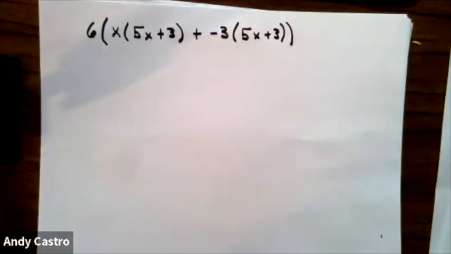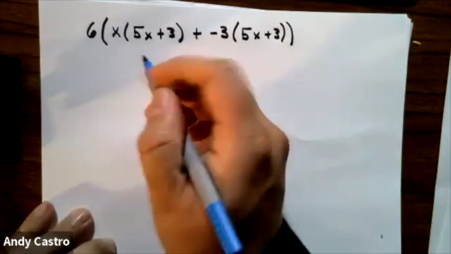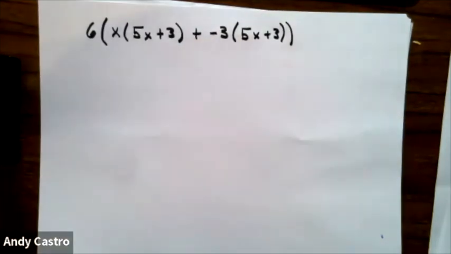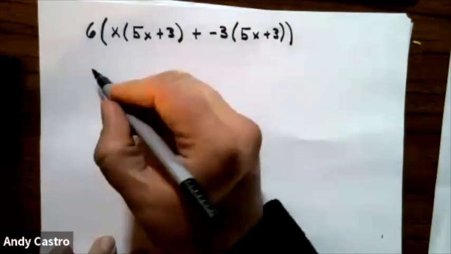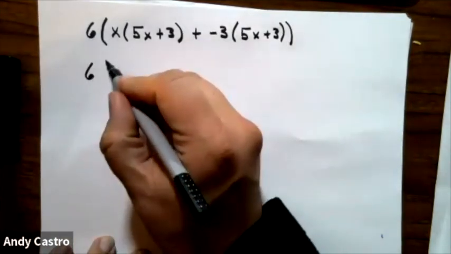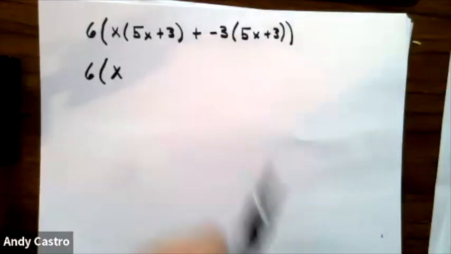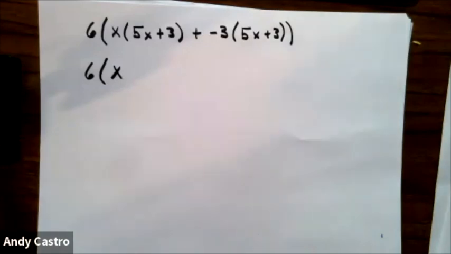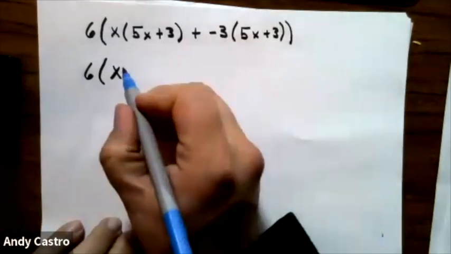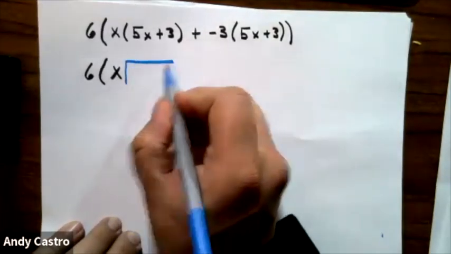So I'm going to replace the 5x plus 3 with just a box. Okay. I'm going to try to simplify this visually. So we're going to have 6 times x times, and then I'm just going to replace 5x plus 3 with a box.